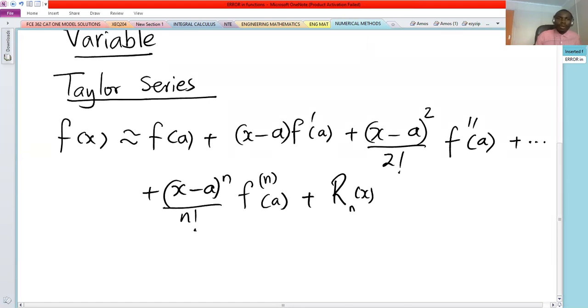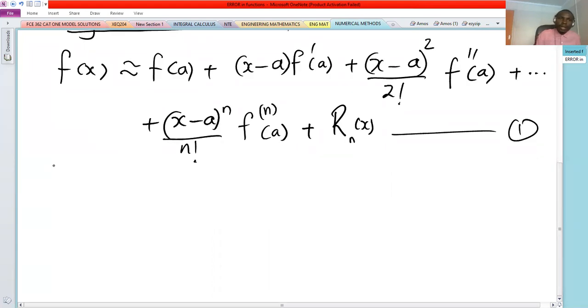This is the Taylor series of a function f of x about the point x equals a. Let's call this equation 1.